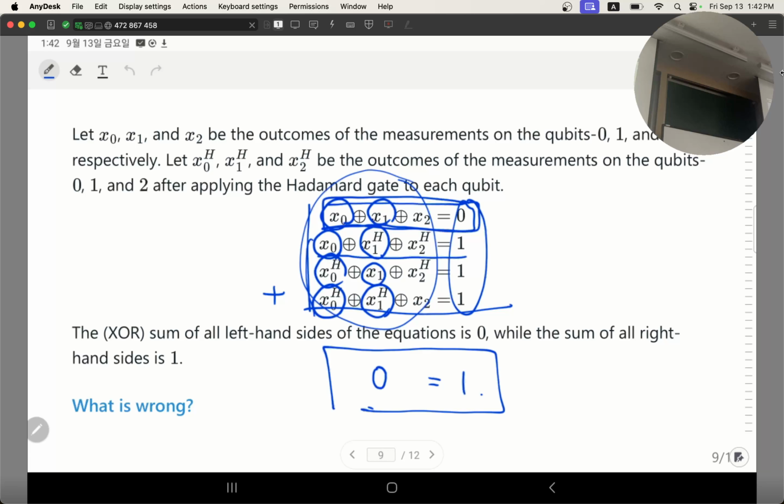That's called a hidden variable. Like if you observe something x0, it's something internally programmed into the qubit state, that if I take the measurement, I would observe some x0. That's called a hidden variable. But in the quantum state, you cannot assume such a hidden variable. That's what makes the problem.